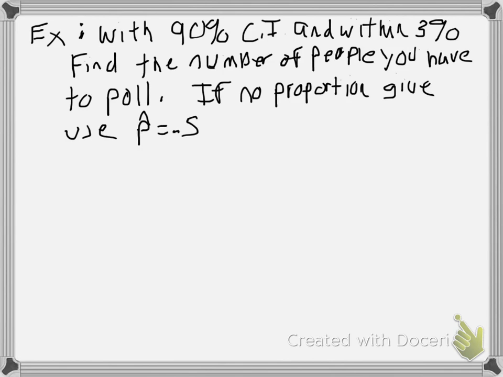So what does n equal? Well, n, again, remember, is p hat times q hat, so it's 0.5 times 0.5. And then in this case, z of alpha over 2, if you use your handy-dandy t table at 90%, you find that you get 1.645.